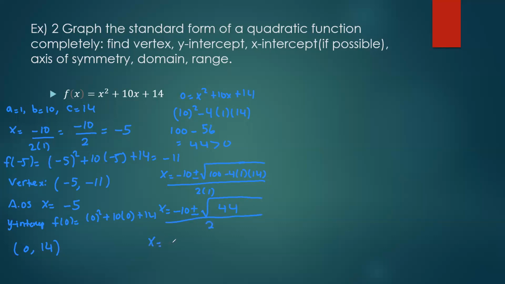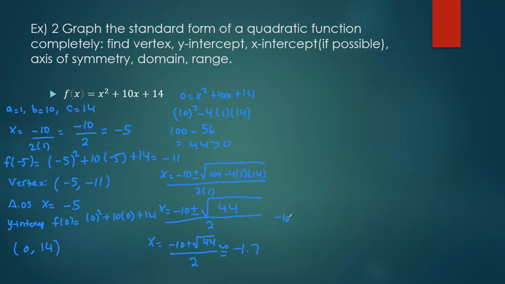So my two x-intercepts are negative 10 plus square root of 44 all over 2, so that's negative 1.7.